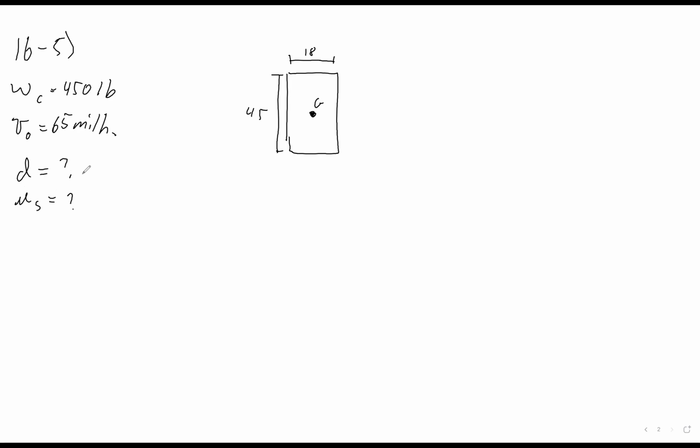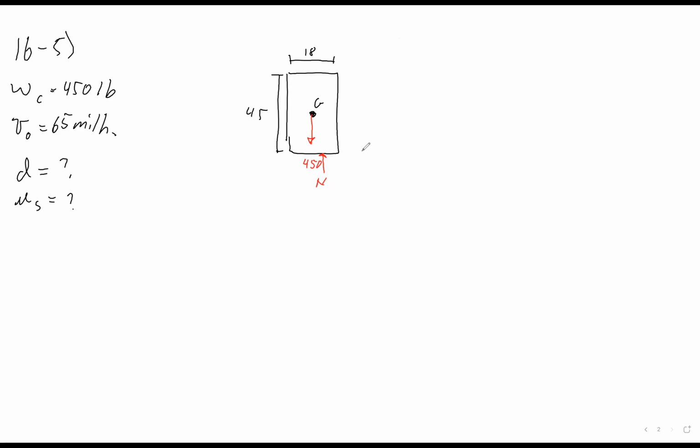All right, well, first, let's do a free body diagram of the crate and see what kind of values we get. So we know that we have a weight, and we are given that is 450 pounds. We also know that we have a normal force, and then there's going to be some sort of a frictional force.